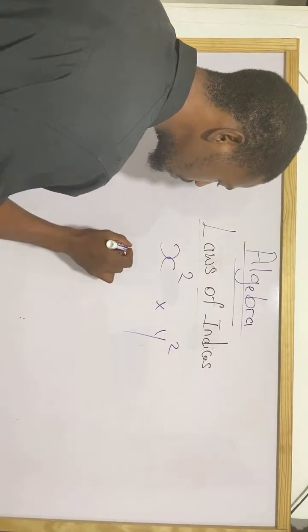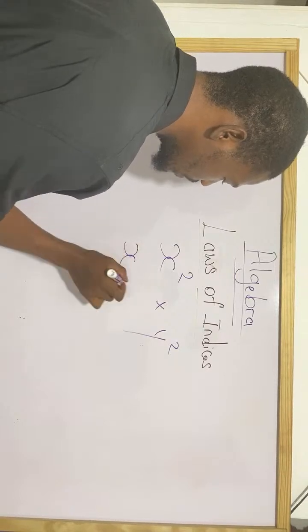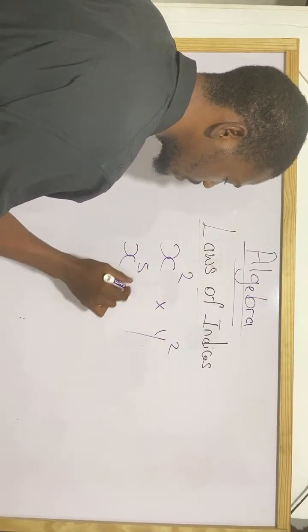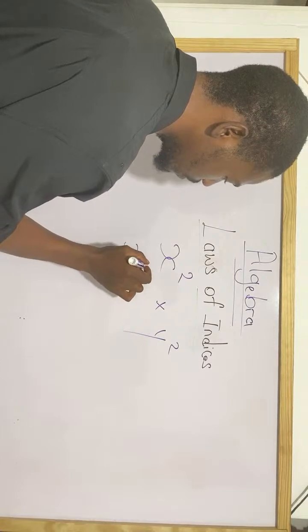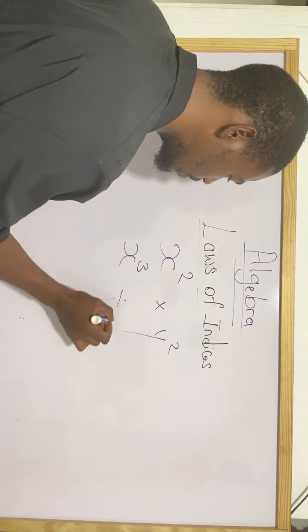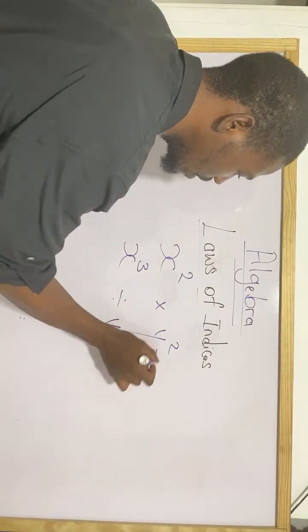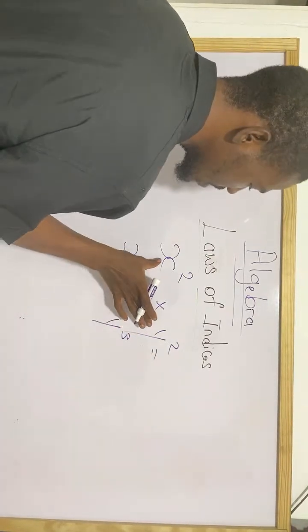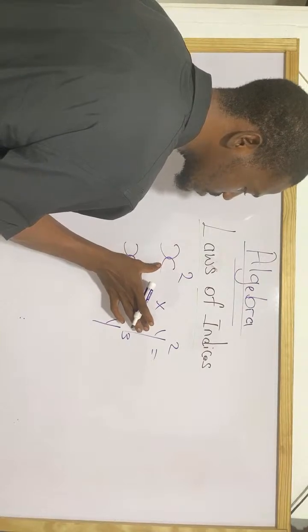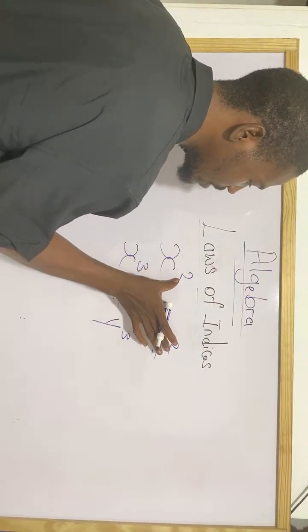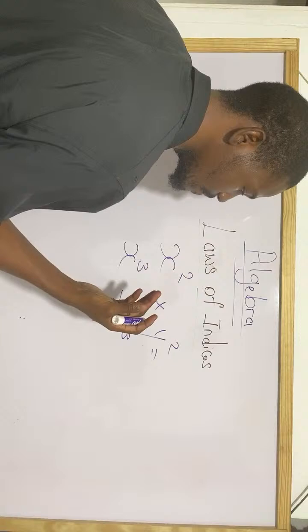We could also have x to the power of 3 divided by y to the power of 3. Now here's a thing though: in this case, the variables are different, but you'll see that the indices are the same.